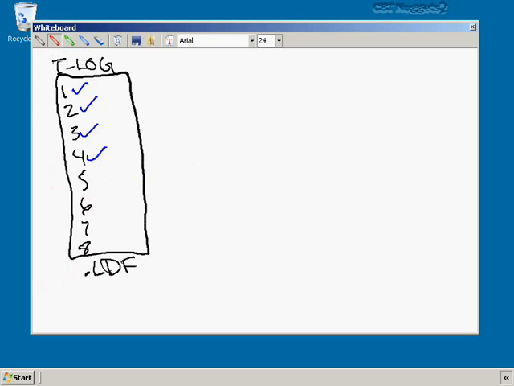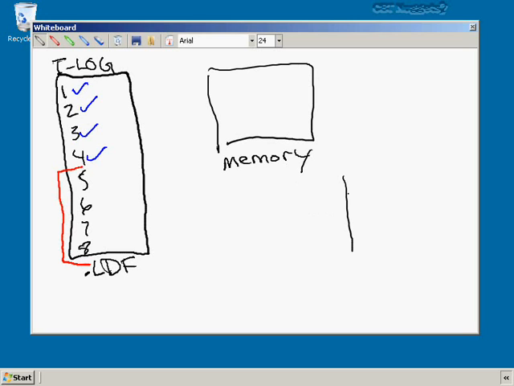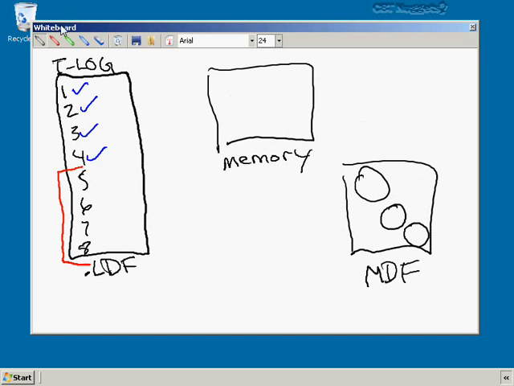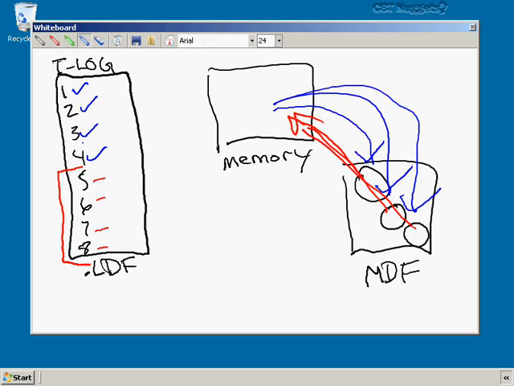No. What happens is SQL Server starts back up and immediately looks at the transaction log and sees that there are uncommitted transactions. So in its memory, it goes out to the database's MDF file, looks for the pages that were modified by those entries, loads those pages back into memory, re-executes these changes, writes those pages back out to disk immediately, it's not taking any chances this time, and marks those transactions as completed.